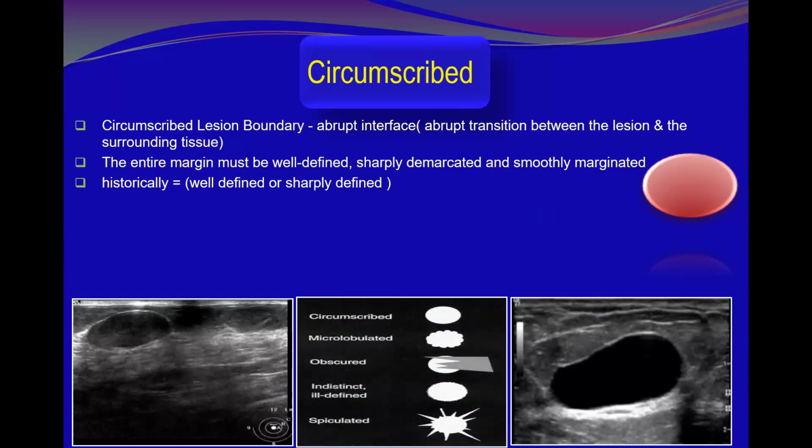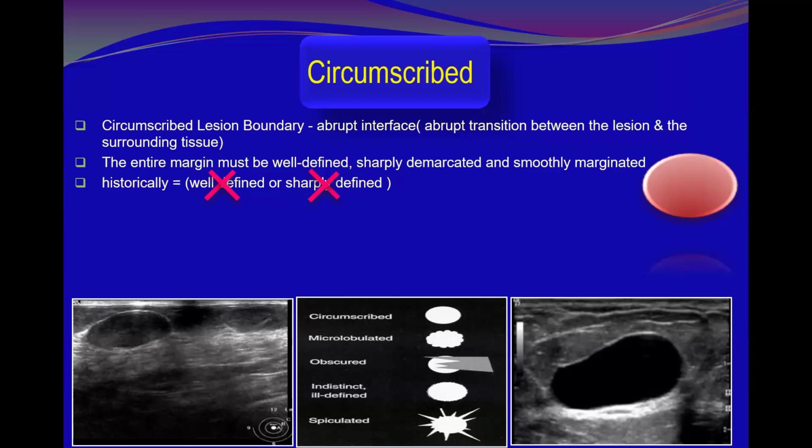Regarding the circumscribed margins, as we mentioned, circumscribed is an abrupt interface between the lesion and the surrounding tissue. It is well defined throughout the entire margin. Well demarcated, smoothly marginated, historically called well defined, sharply defined, are no more used.